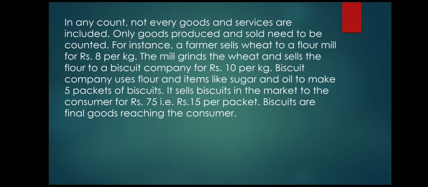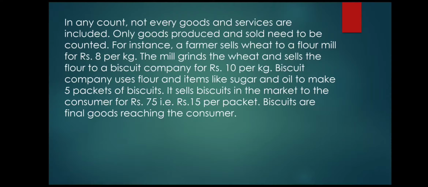The farmer produced wheat. He sold it to a flour mill owner for rupees 8 per kg. Now that flour mill owner started grinding that wheat and selling it at rupees 10 per kg. But he is not selling to the customer, he is not selling to us. He is selling it to a businessman who is making biscuits.